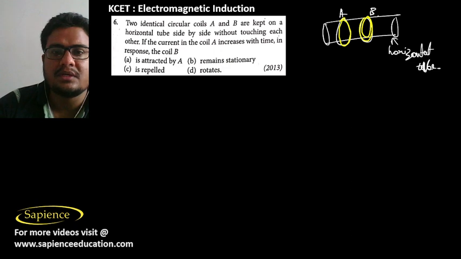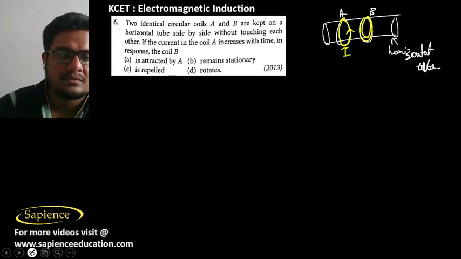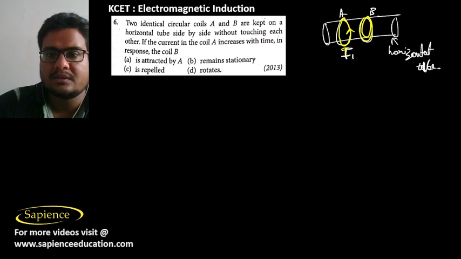If the current in the coil A, that is I1, increases with time, in response what will happen to the coil B?